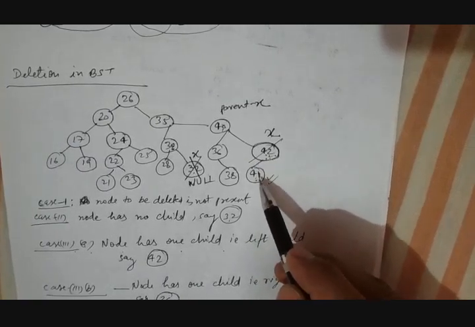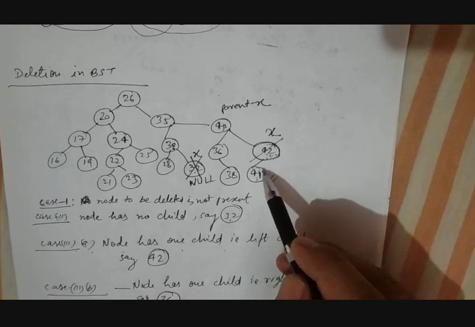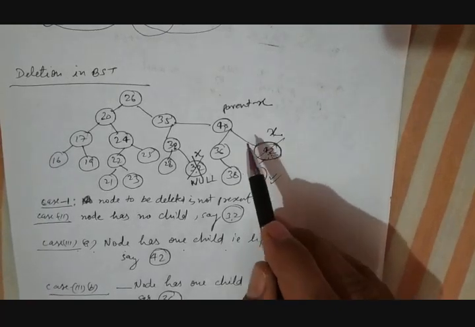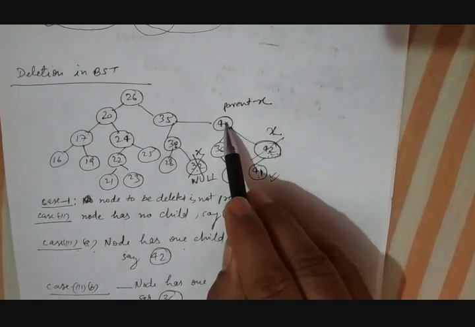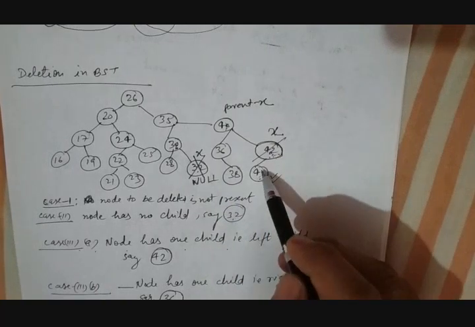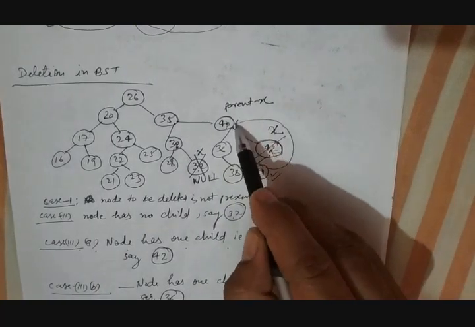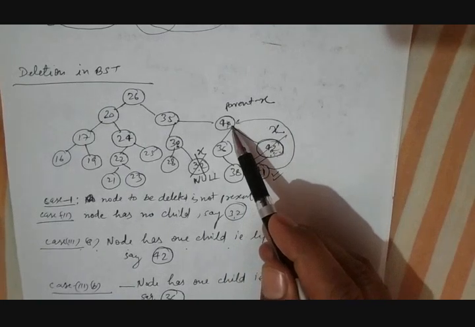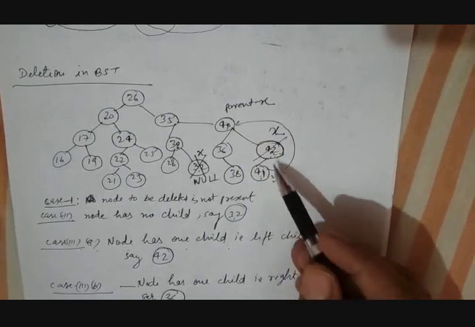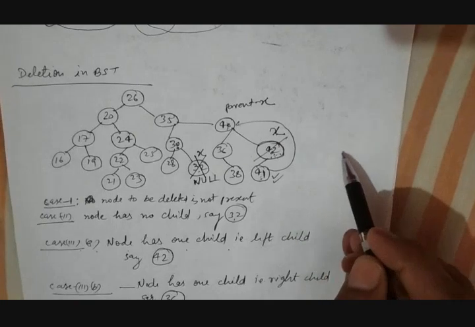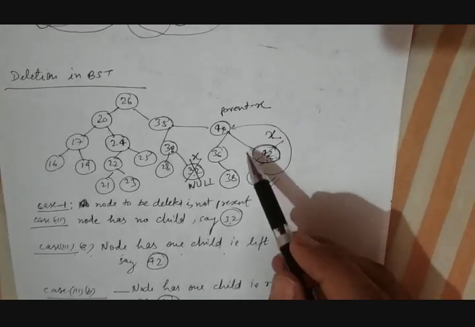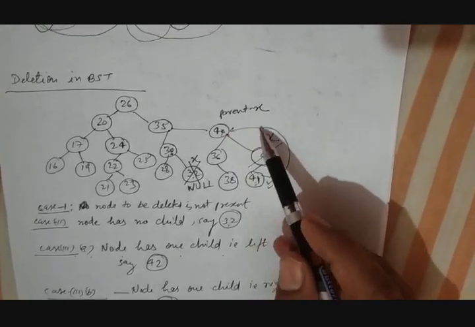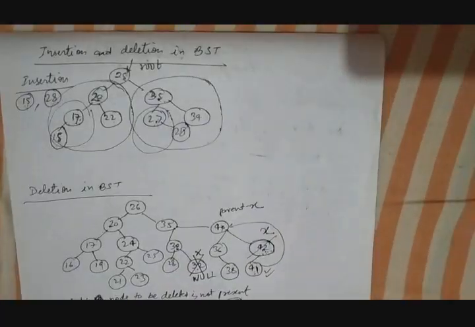This node is the left child of X. Since X is the right child of its parent, and now you want to delete it, definitely this node will become the right child of the parent of X. So just see here, 42 will be deleted, so you will call free of X, and you will set the right child of parent of X equal to 41 now.